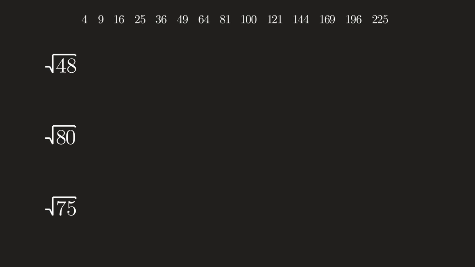Now, as you start to see some of these numbers, you'll kind of learn what works best for them. Let's go ahead and work with square root of 48. Is 48 on the list? It's not on the list. 2 radicals. Now, listen carefully.